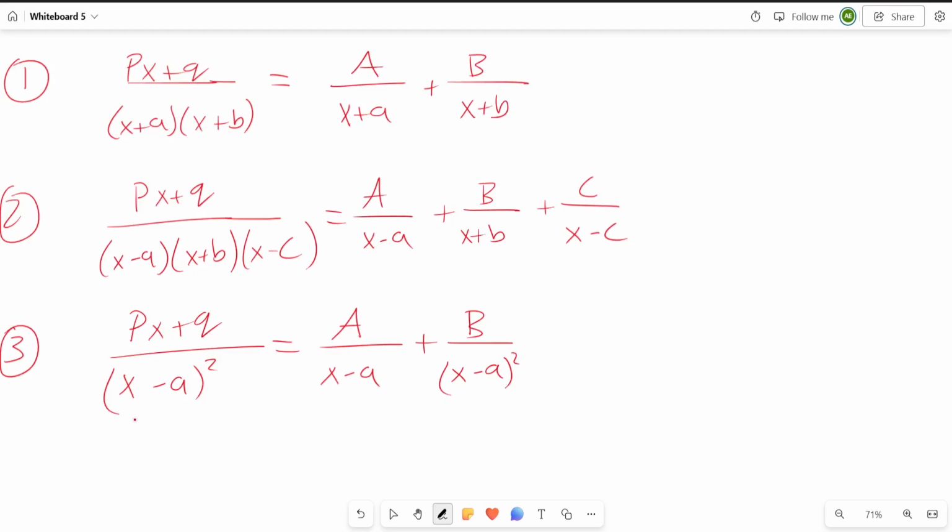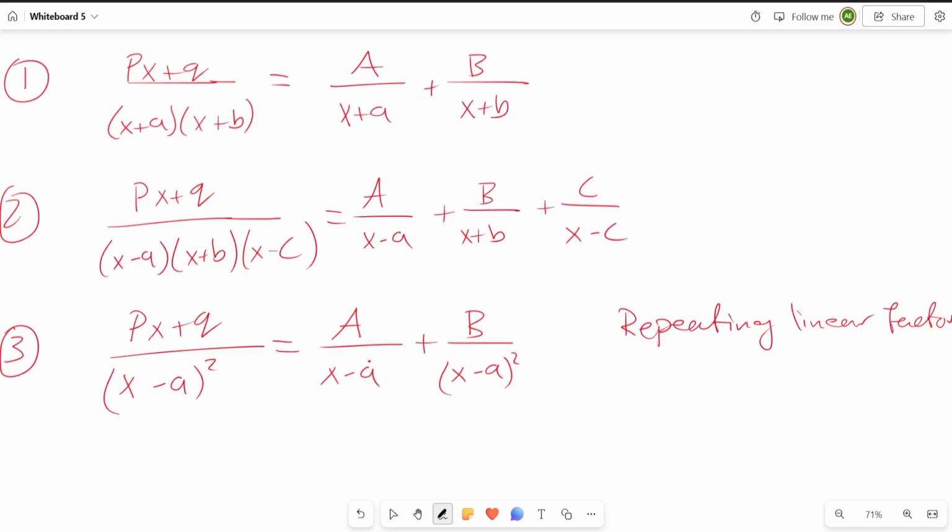Okay, this is called a repeating linear factor. Okay, because I have this x minus a, which is a linear factor, and it's repeating, it's squared, so it's x minus a times x minus a.